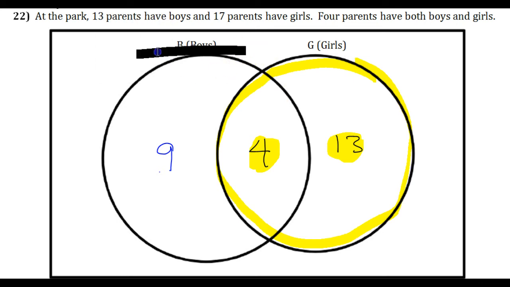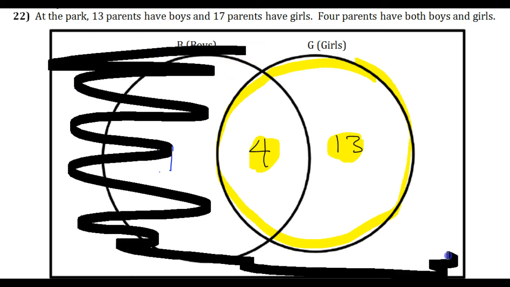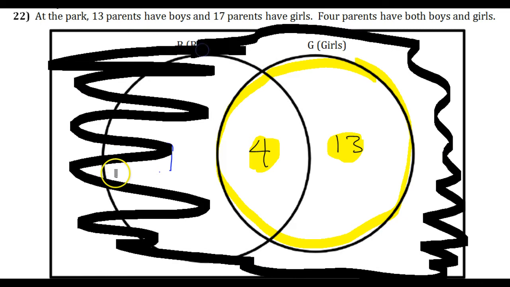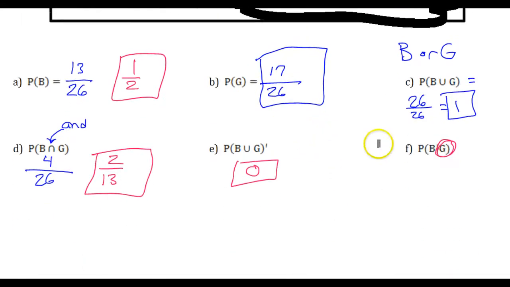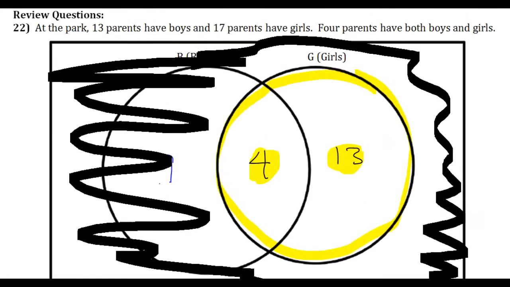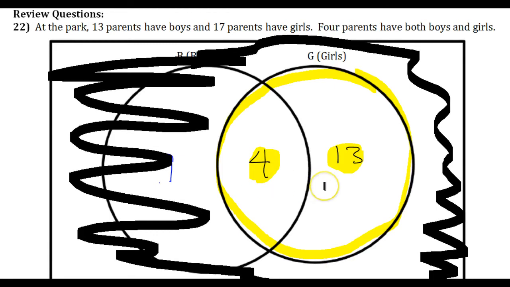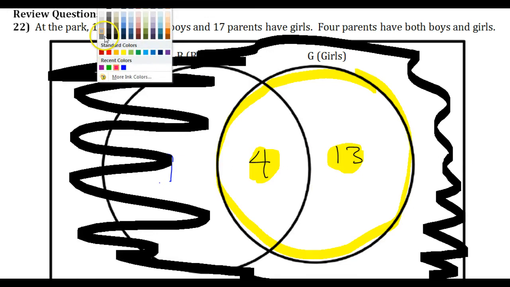Sometimes I like to say, just forget about everything else. That's gone. So in a universe where you definitely have a girl, so you're in the girl circle here, what's the probability of having a boy? Which one of these numbers represents parents with boys? We're still doing target over total.